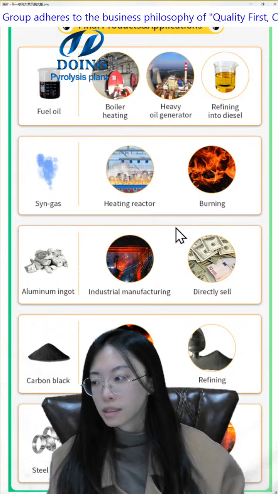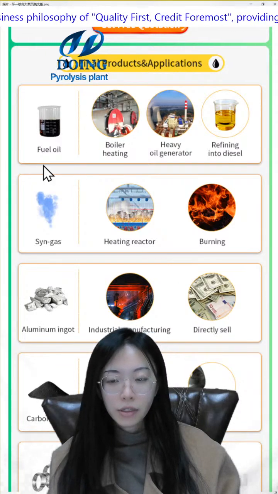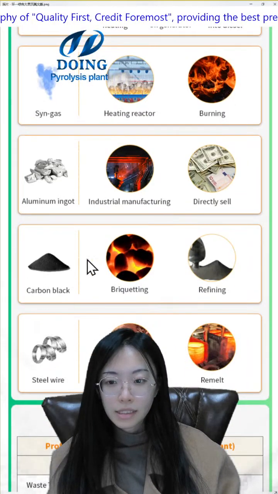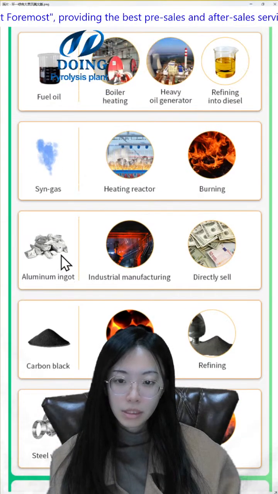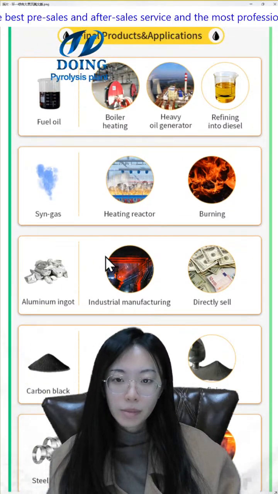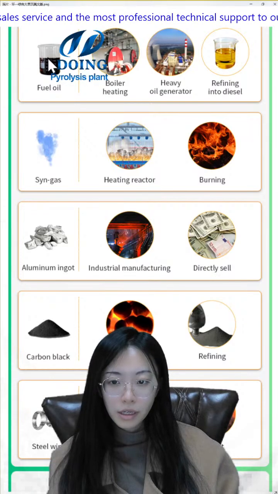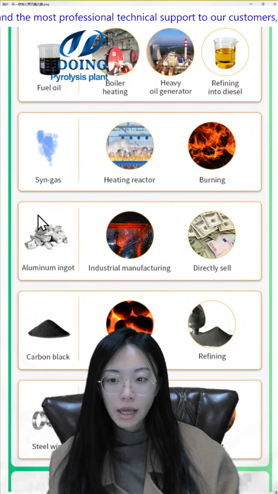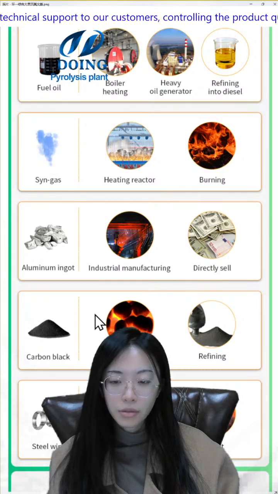And like this, if you get waste plastic, then we can get fuel oil, syngas, and carbon black. And this is aluminium ingot, from the aluminium plastic. From the aluminium plastic pyrolysis, we can get fuel oil, which is the plastic oil, and aluminium ingot, and syngas, and also the carbon black.